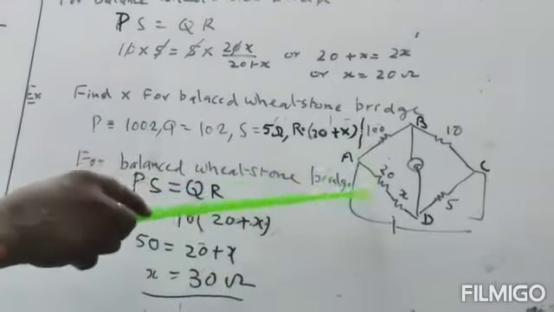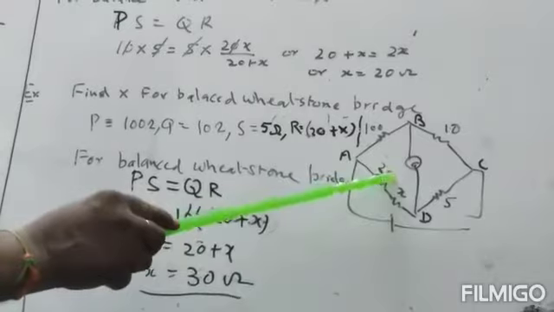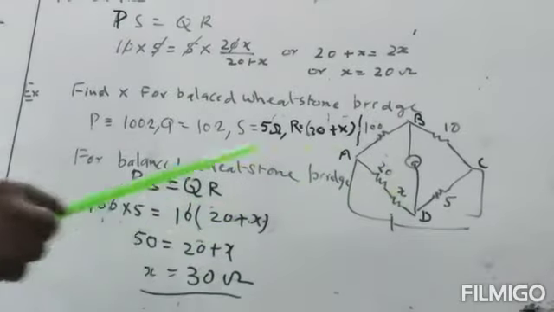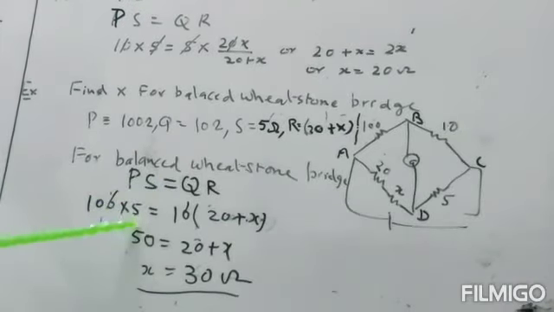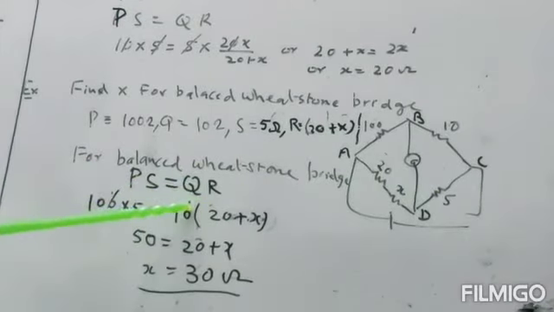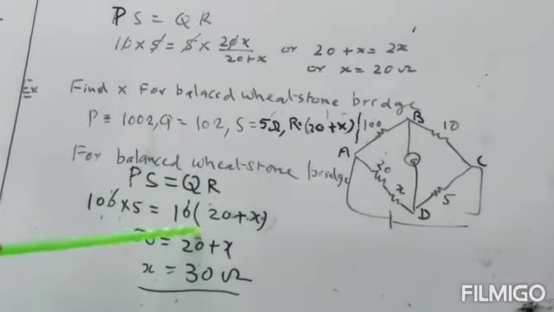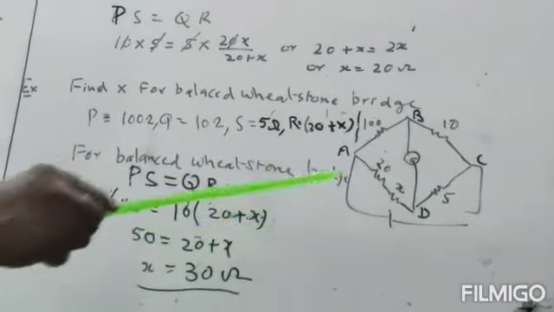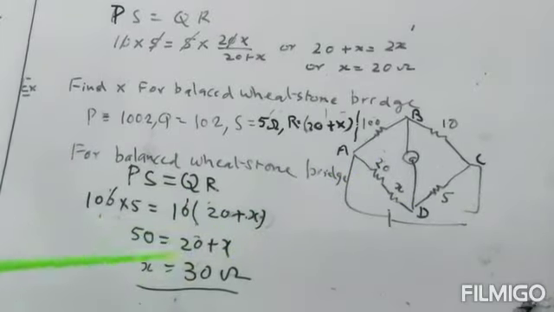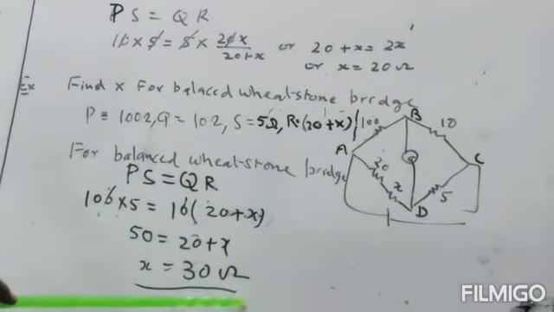So the resistance in this circuit will be 5 plus X. So P is 100, S is 5, Q is 10 and R is 20 plus X. We solve it and find X is equal to 30 ohm.